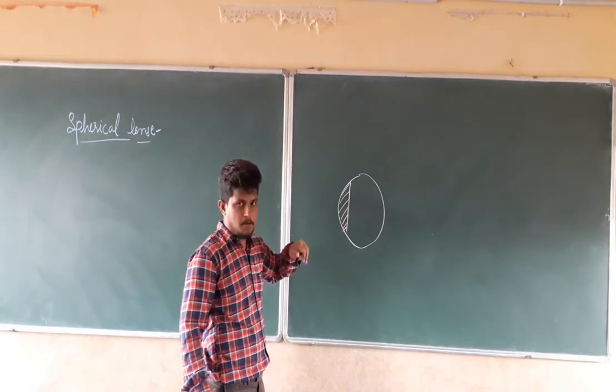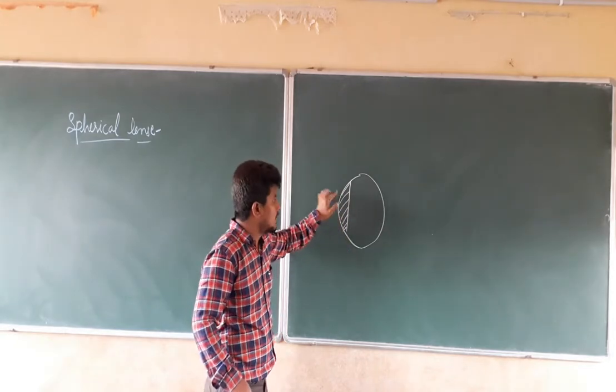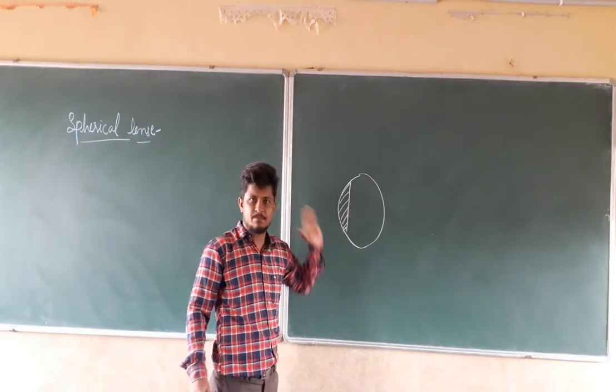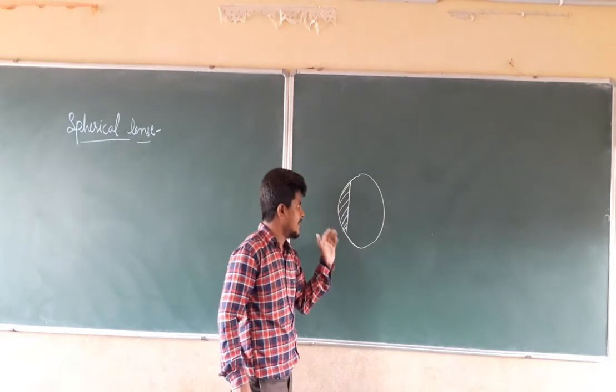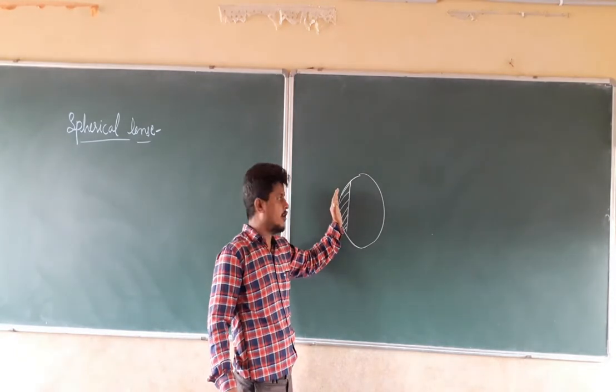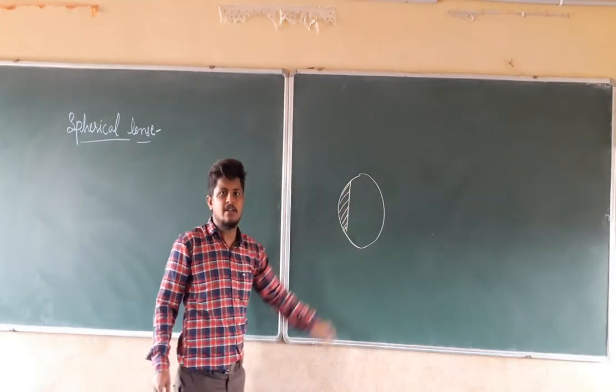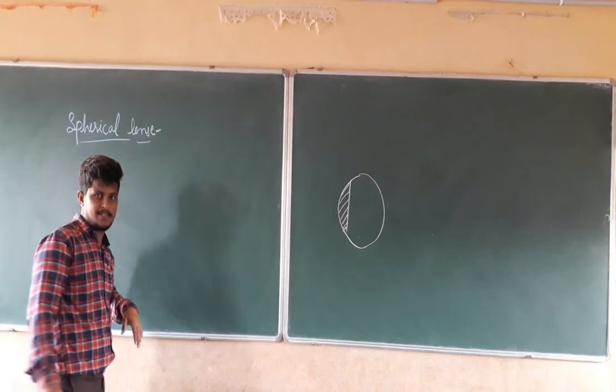Take this example: this one is a spherical form and this one is a plane form. Both are transparent. At least one surface should be spherical, or both should be spherical. Then only can we call it a spherical lens.